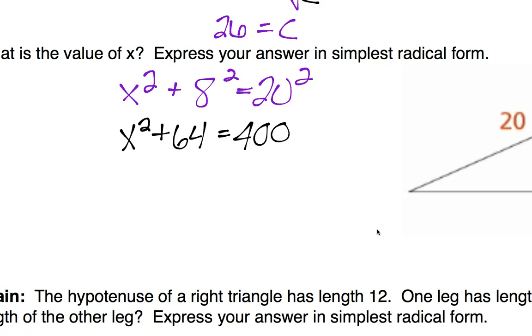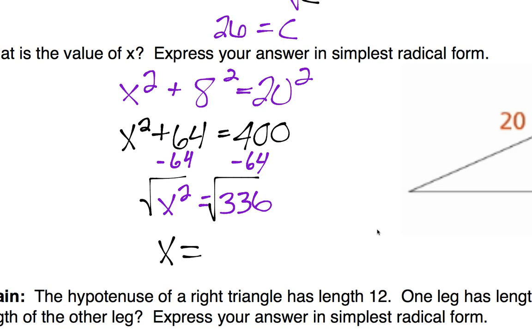Now we're going to subtract the 64. So that's x squared equals 336. Square root both sides. And x equals, now if we take the square root of 336, it's an irrational number. So we're going to simplify that.